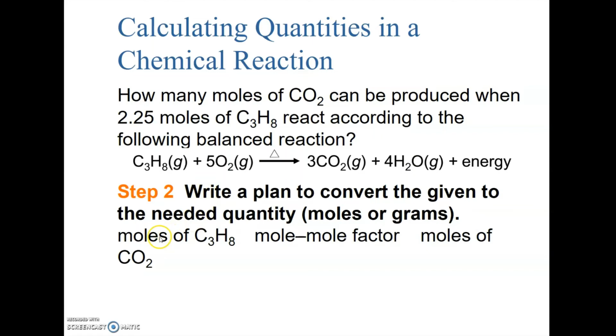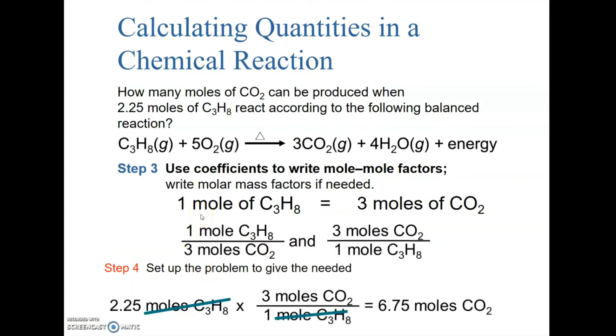In this problem, we are going to use the number of moles of C3H8, which is given, and use the mole-to-mole factor that we can get from the balanced chemical equation and convert this using this conversion factor to the moles of CO2.